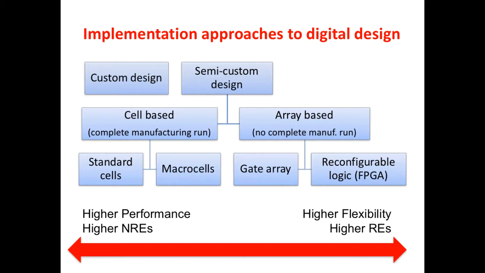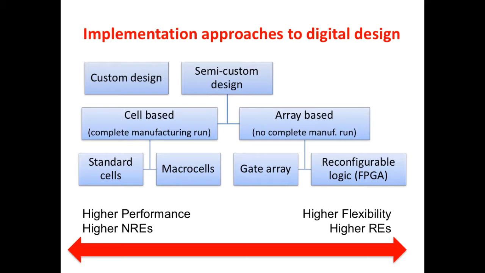Of course, for many different reasons, also for commercial reasons, we have higher recurring costs, in the sense that when you buy an FPGA, for example, you pay a much larger price than the cost of silicon if you had to do it yourself.